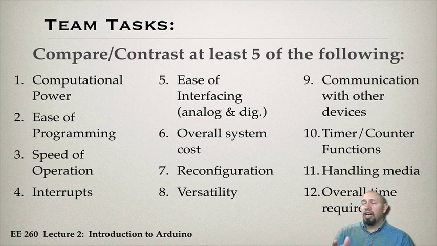So these are just a number of ways that the two types of systems can be compared. And so we're asking you to compare at least 5 of these things. There's more than 5, and that's just to help you see and to investigate a little with some direction what these two different types of devices that you're going to be working with are.